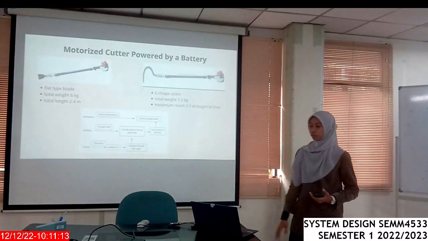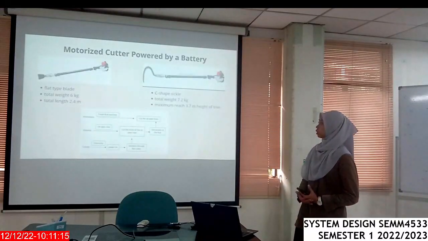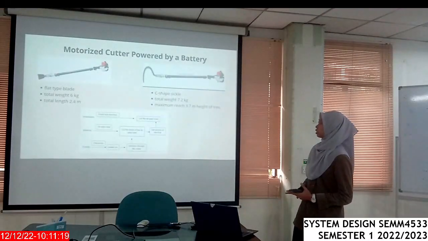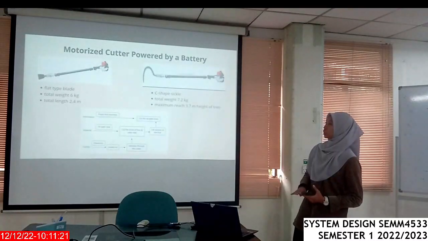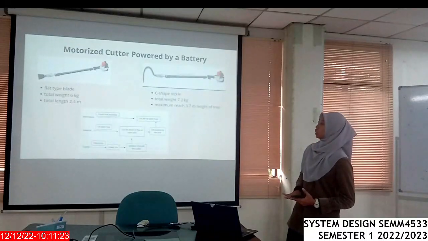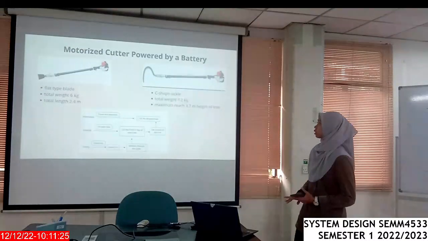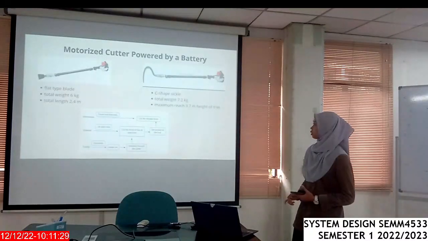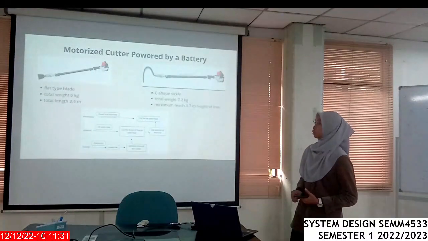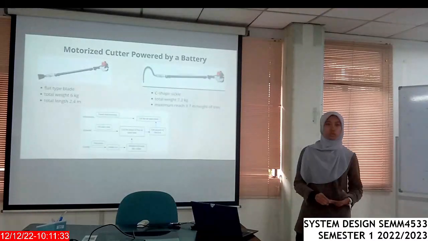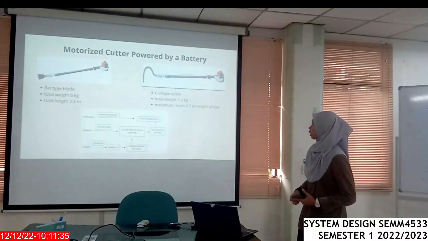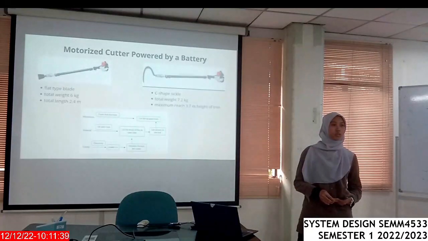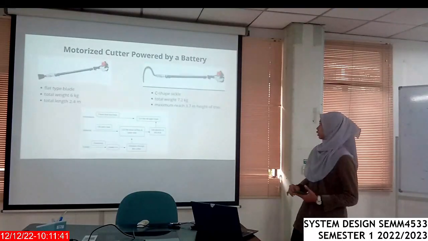This one is a motorized cutter powered by battery. There are two types of machine. The first one has a flat type blade, which is also named chisel. This one is a total of 6 kg and a length of 1.4 meter. This type of machine is suitable for medium height trees.